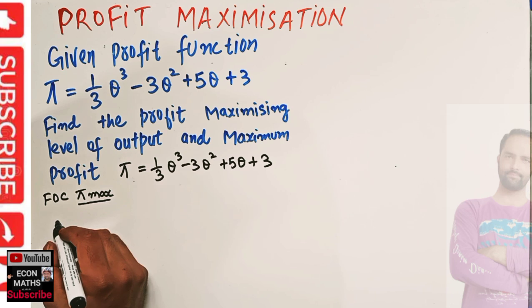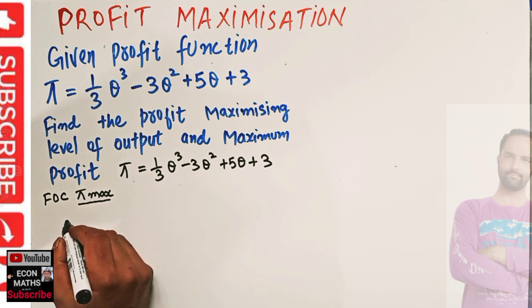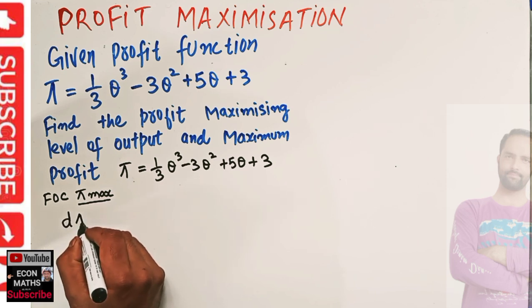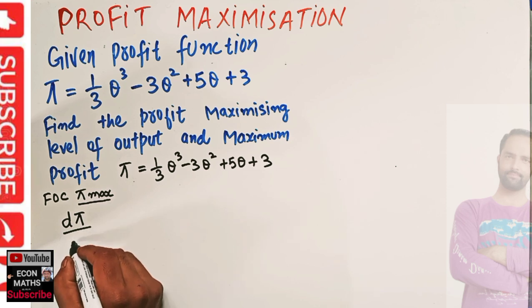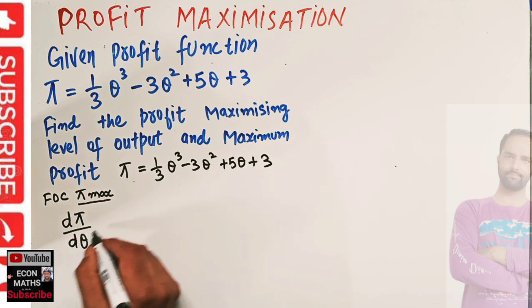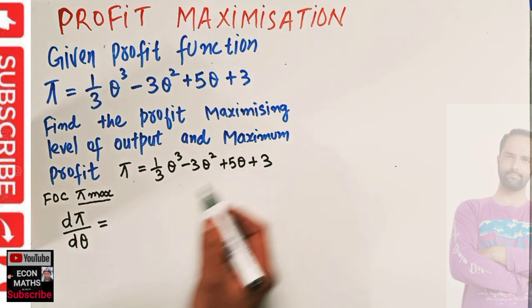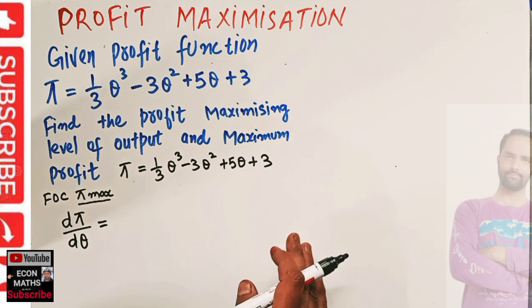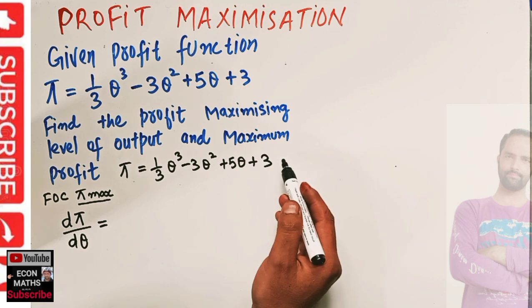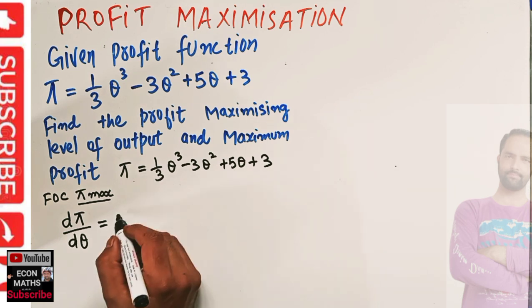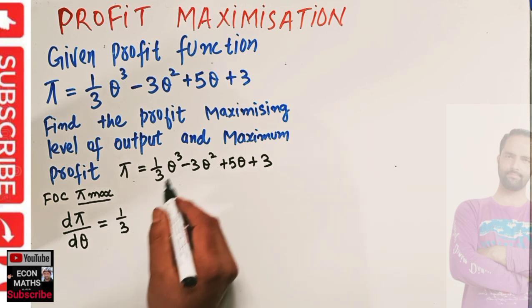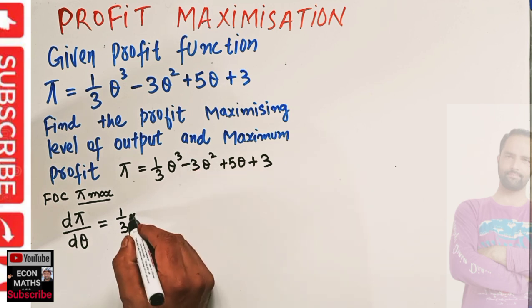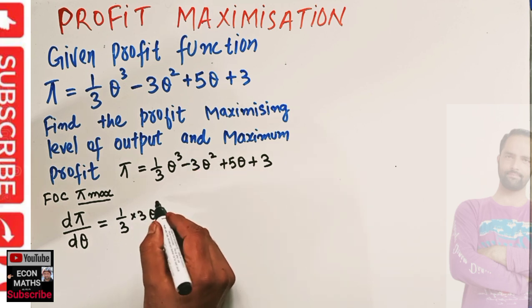And what is marginal profit? Marginal profit is simply the derivative of the profit function with respect to output. If we take the derivative of this function with respect to q, we have 1/3 times the derivative of q cubed, which will be 3q squared, by the power function rule.